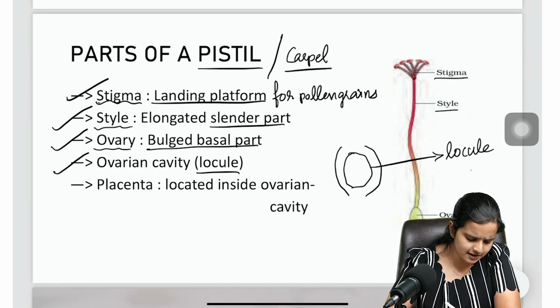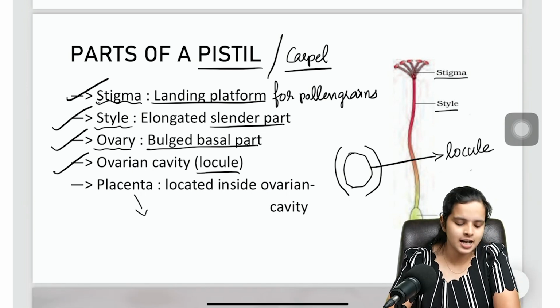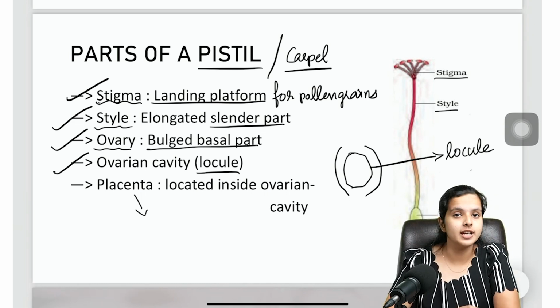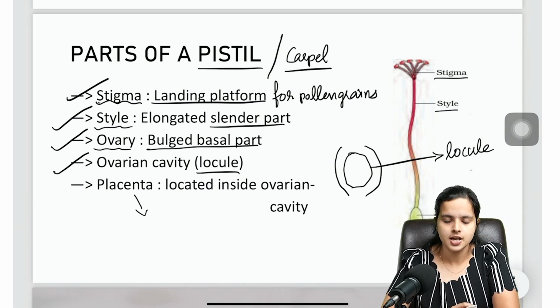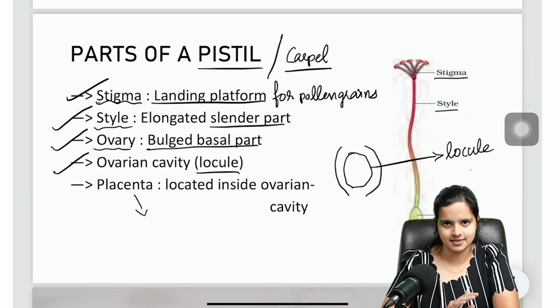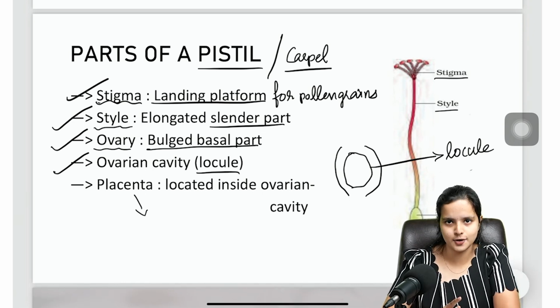Basically, placenta is simply a part of the plant which actually helps the ovary to connect with the ovule. There is something called an ovule that has to come inside the ovary. Okay, so the ovary is not hollow. Ovary has an ovule inside. One or two ovules will be there. Usually in typical cases, you will have one ovule inside an ovary.